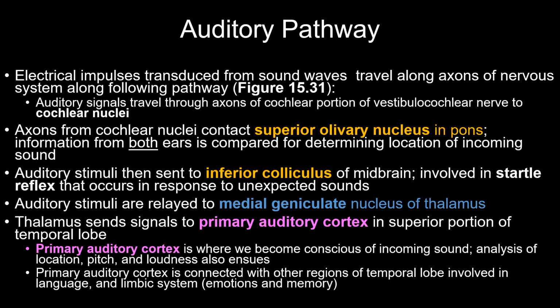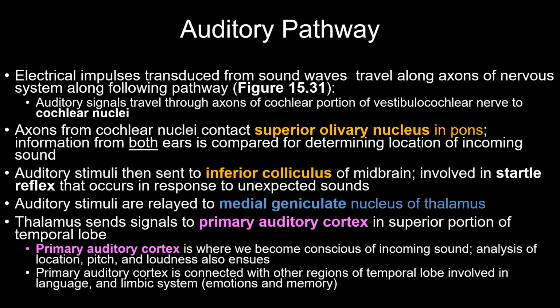And then after the thalamus is done, it stimulates neurons of the primary auditory cortex in the superior portion of the temporal lobe. As with other sensory cortices, the primary auditory cortex is where our first conscious awareness of sound begins, as well as analysis of its location, pitch, and loudness.